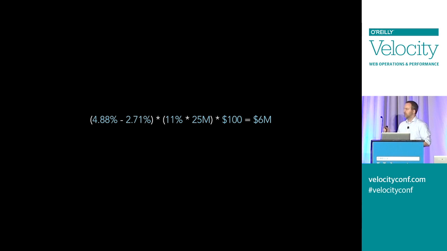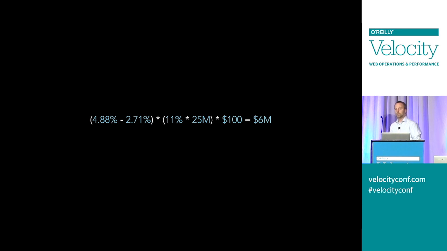And we're filtering the 25 million total visits by the 11% that we're actually targeting. Then we take that remaining percentage of visits, which is our target for conversion, and apply it to the value that we associate with a conversion. In this case, that value is $100. So we get 6 million.